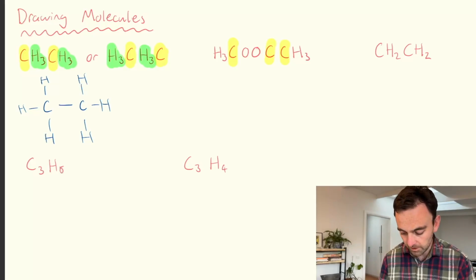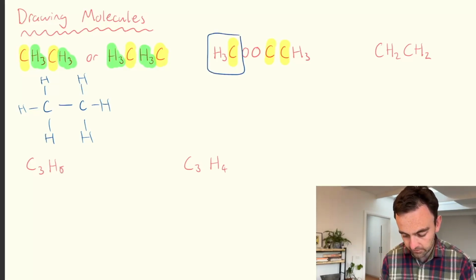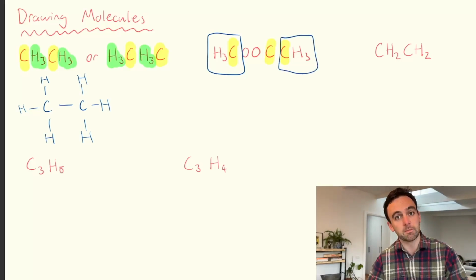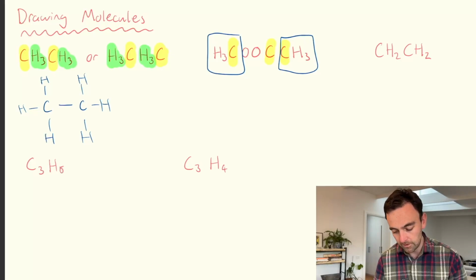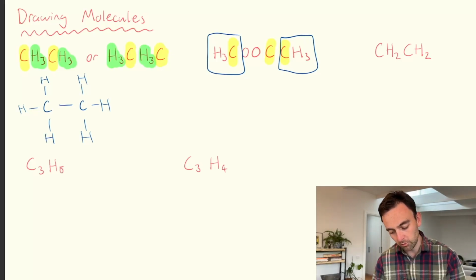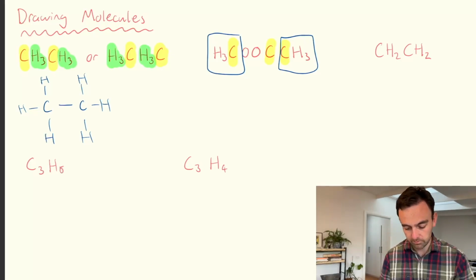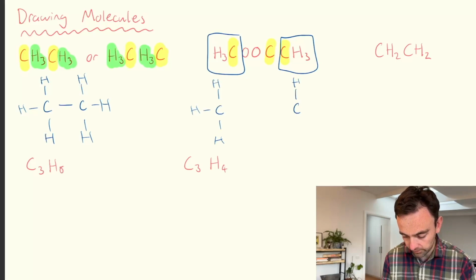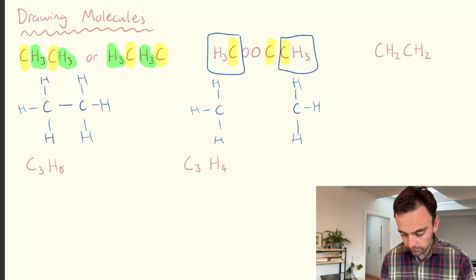Based on that first example, it's quite clear that these 3 hydrogens are going to be bound to those respective carbons. If we just write them out, we know that this is going to be the case on either side of the molecule. So that's a good place to start.